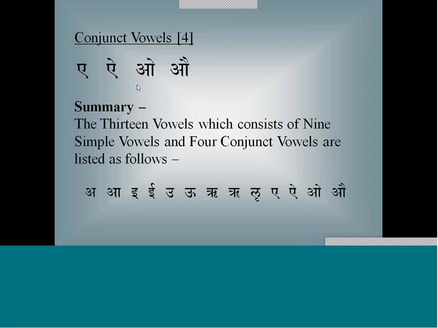You take the letter A. It is pronounced as A. A is nothing but an elongated form of A. A is short, A is long. When you say A, if you watch closely, the sound comes from the throat. The place of articulation of A is the throat.